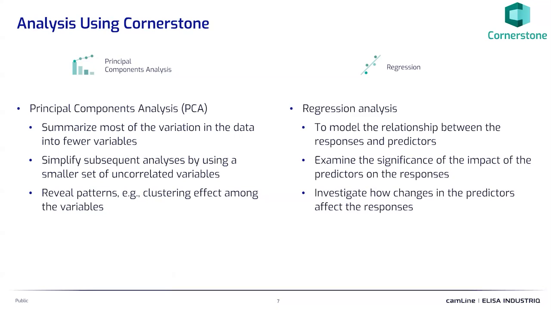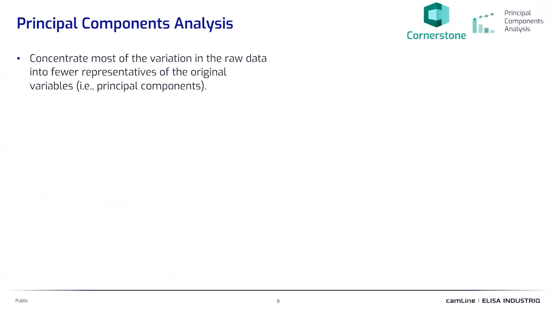Regression analysis is used to model the relationship between the response and predictors. It can help you to examine the significance of the impact of the predictors on your response. In Cornerstone, you can very easily investigate directly how changes in the predictors will affect your response.